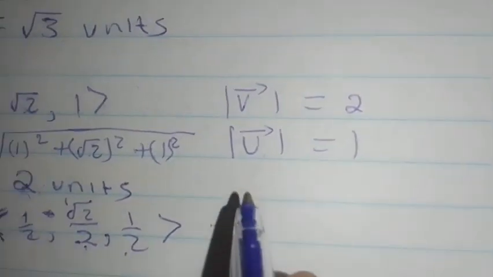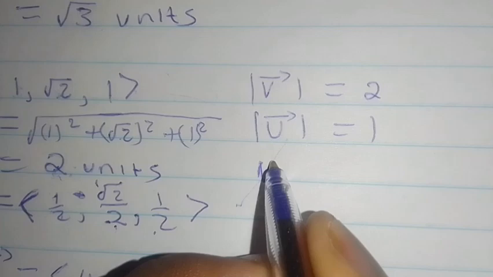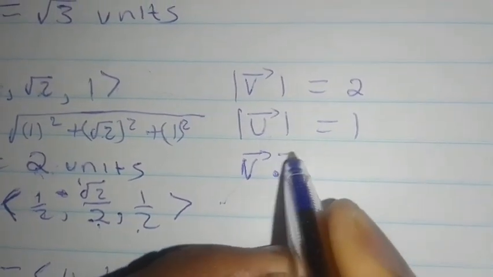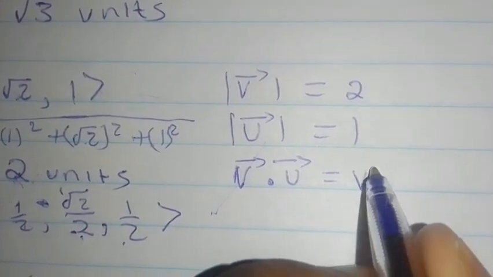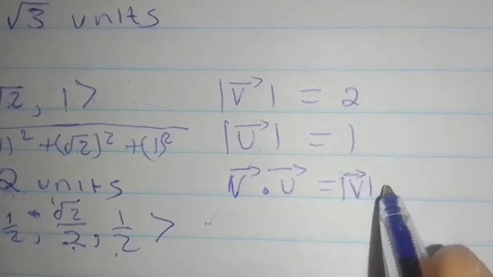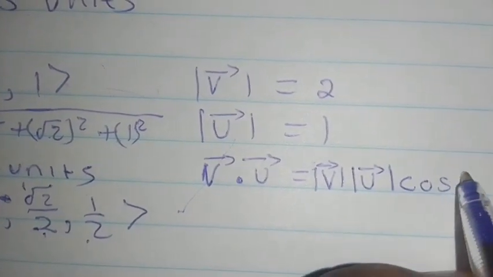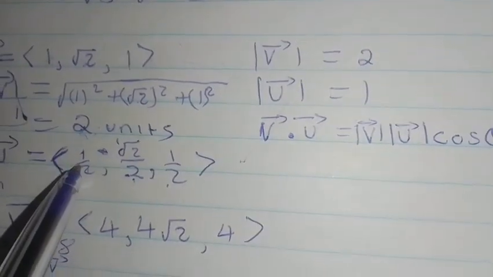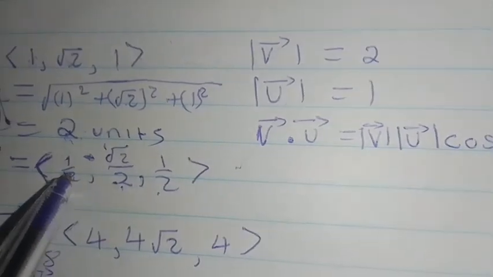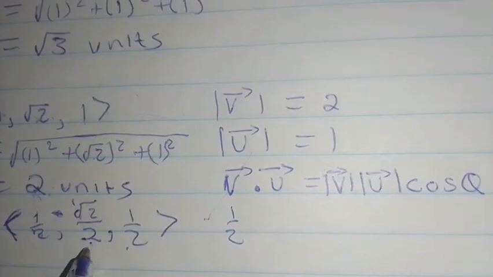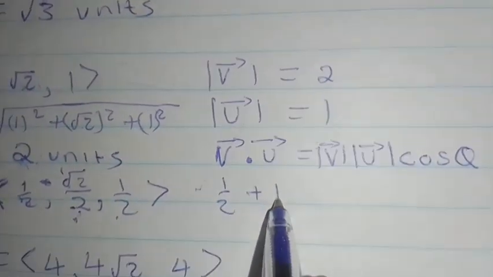That means that v dot u is going to be the length of v multiplied by the length of u multiplied by cosine of the angle between them. Now let's dot them. 1 by half is half. Root 2 by root 2 over 2: root 2 by root 2 is 2, and 2 divided by 2 is 1. So you have plus 1.